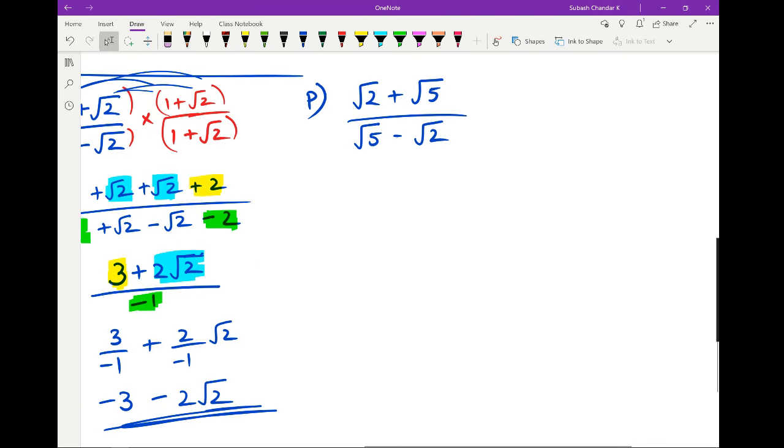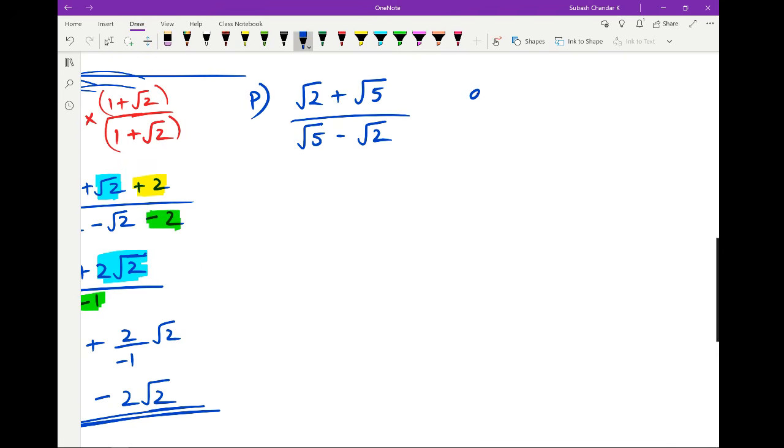Okay, and if you really want to get complicated, minus.